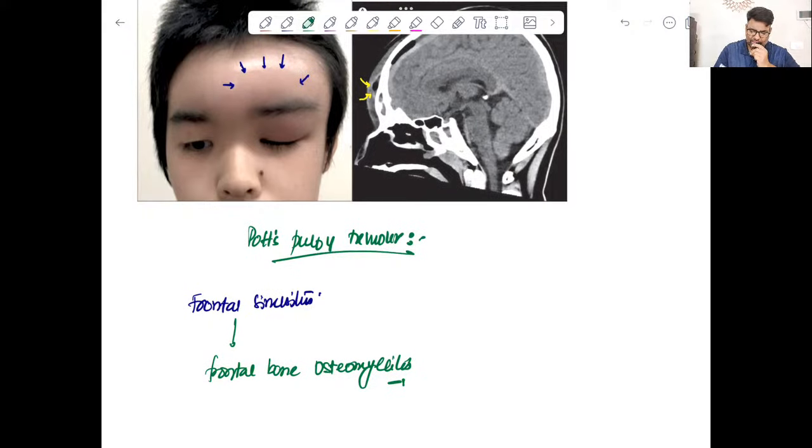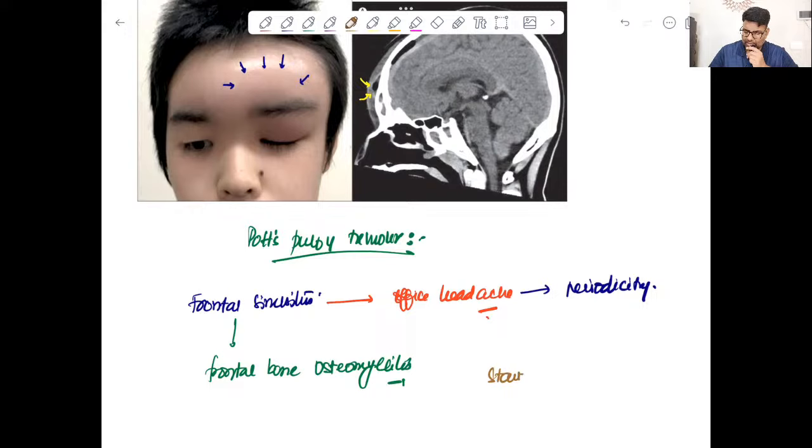So frontal sinusitis presents as office headache. This is also known as office headache. Why? Because it shows periodicity. And when we say periodicity, the pain will start at say 9 a.m., will peak at around 1 p.m. and will disappear by 5 p.m., right?